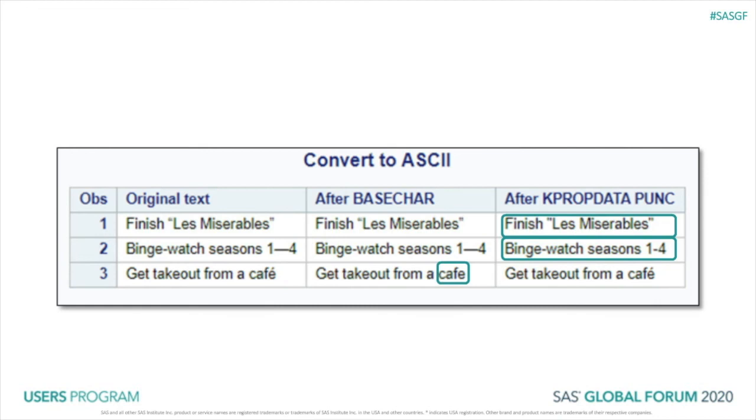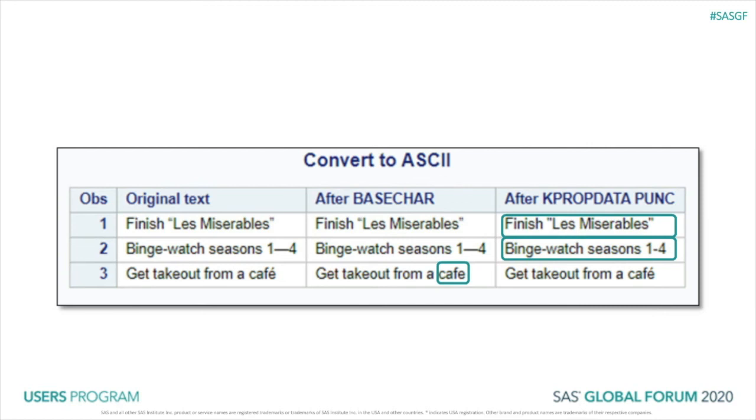The original text is displayed in that first column. You'll notice those special quote marks and that long dash character, as well as the word cafe with the accent. After BASECHAR is applied, the punctuation characters look the same as they did in the original. However, the word cafe has been modified.